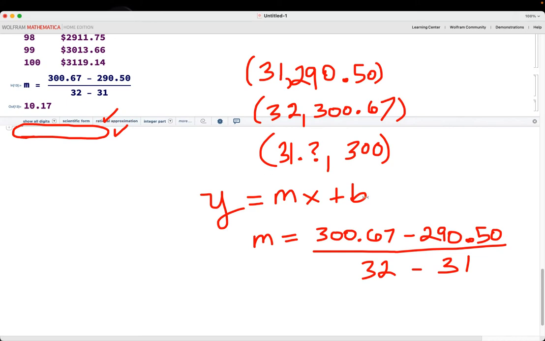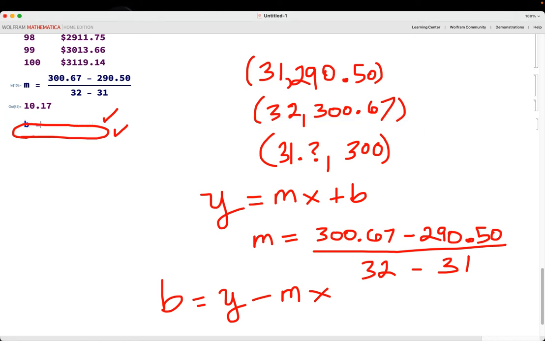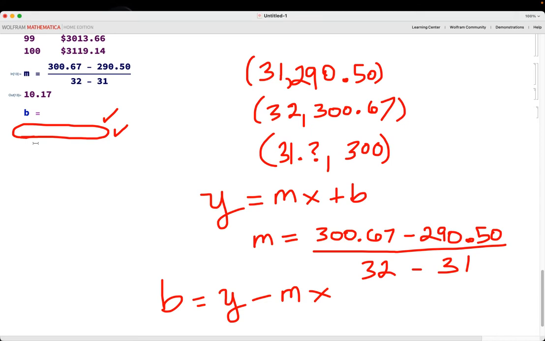And then what about the y-intercept? Okay, so b is equal to y minus the slope times x. Pick a point. It doesn't really matter which point. I'll pick this one. Either way, you get the same answer.